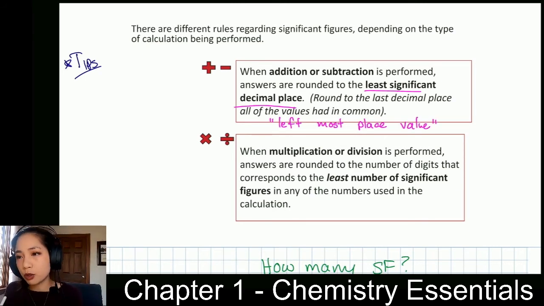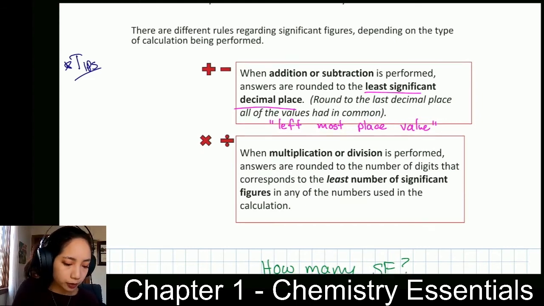So let's pretend we're just adding or subtracting two numbers. You want to round your answer. Your last significant digit will be the last decimal place or place value that both values have in common. So let me do an example here.